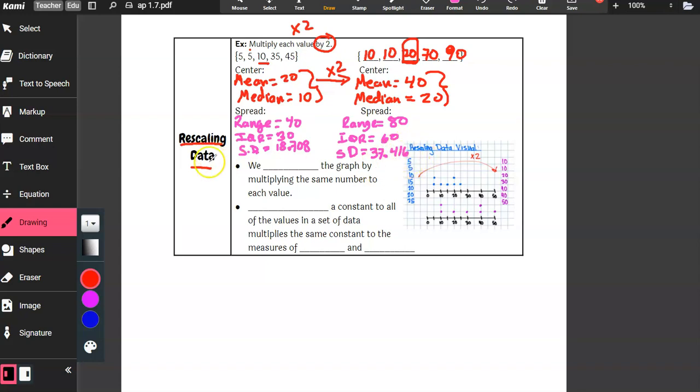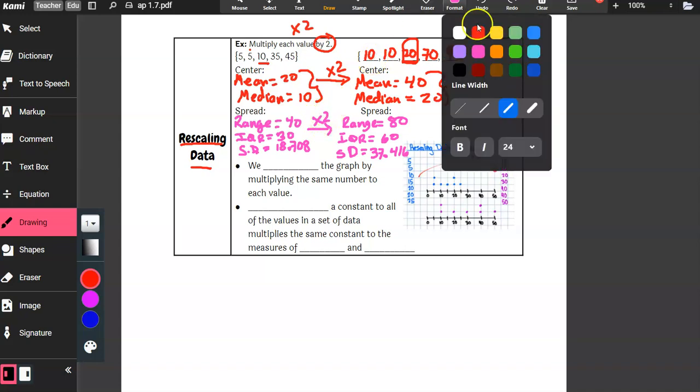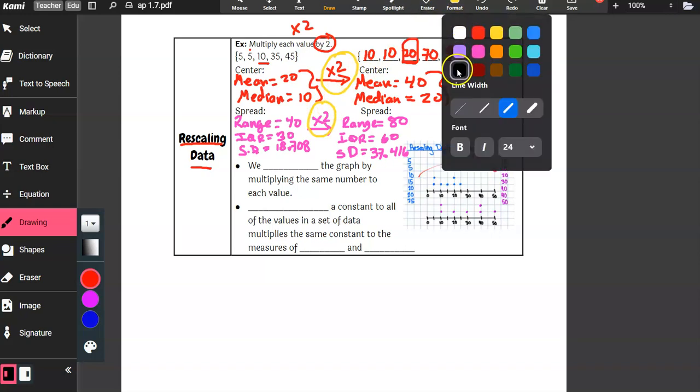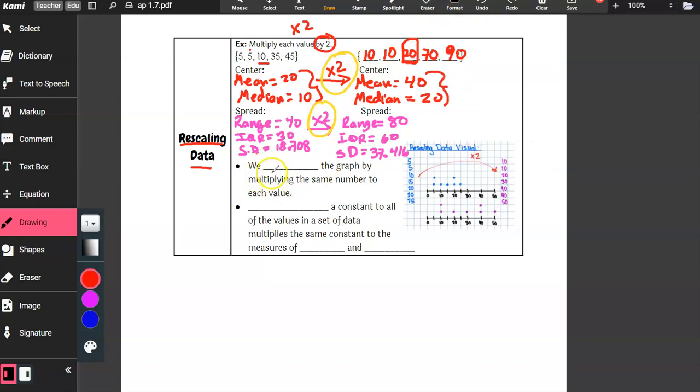So this is called rescaling the data. Look at what happens from here to here. Everything got multiplied by 2. So there was a change. So we say we rescale. We're going to rescale the graph by multiplying the same number to each value. Okay, so here you visualize it. Look at how these look like. These look like they're very tight together.